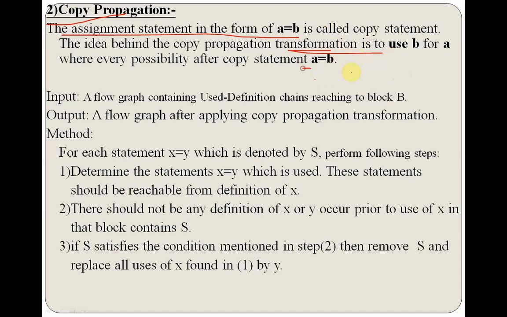Suppose a = b is defined somewhere, and after that I am using a. Instead of using a, I can directly use b, so that I can eliminate this copy statement but achieve the same result.